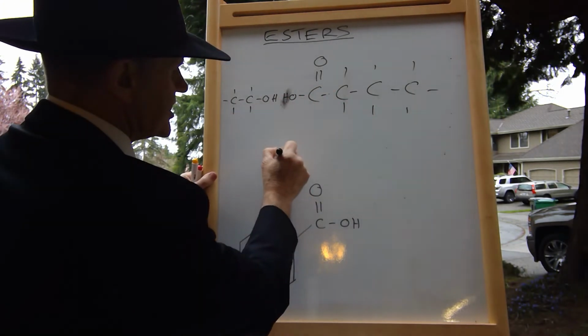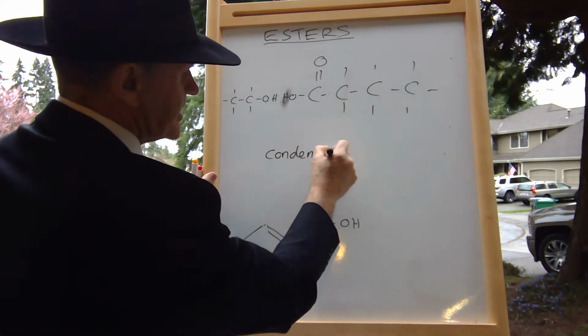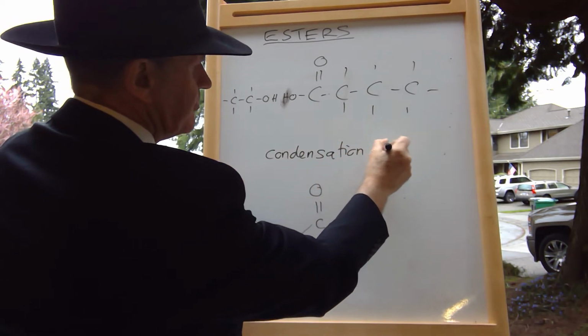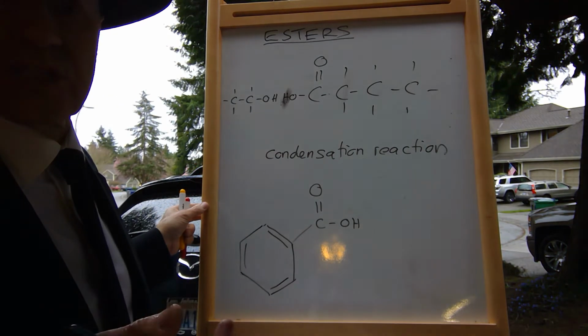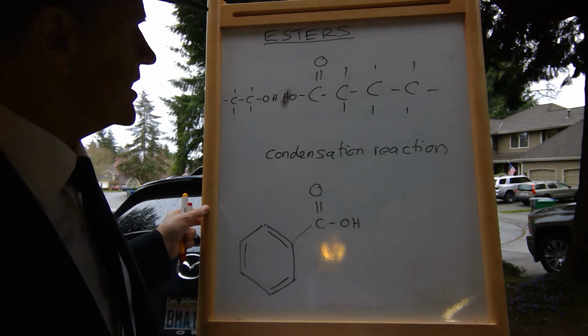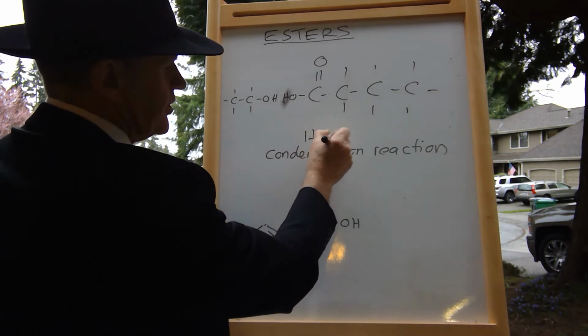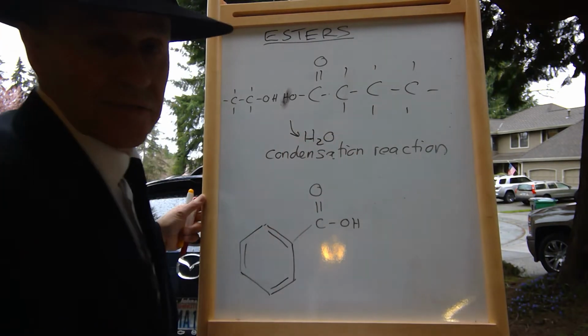Now this is a condensation reaction. With a condensation reaction, you'll be aware that condensation means production of water. And if it's production of water, then you're going to have an H2O molecule given off.